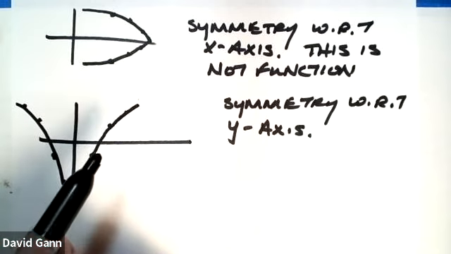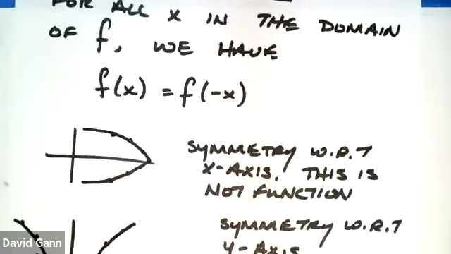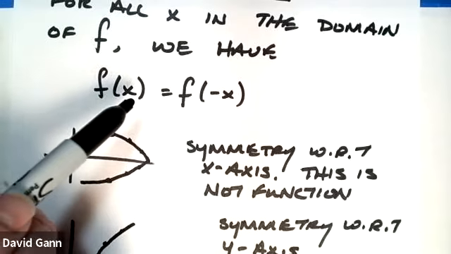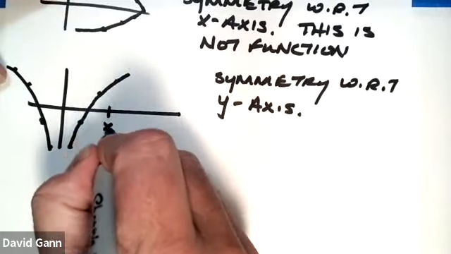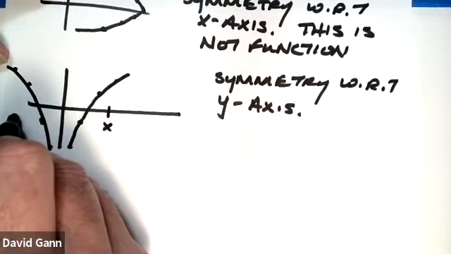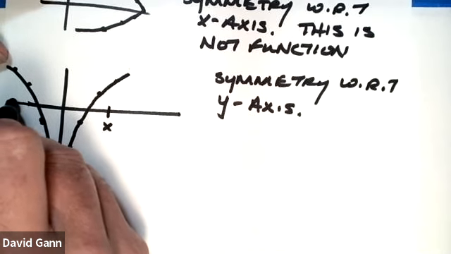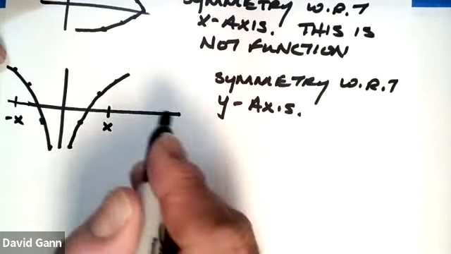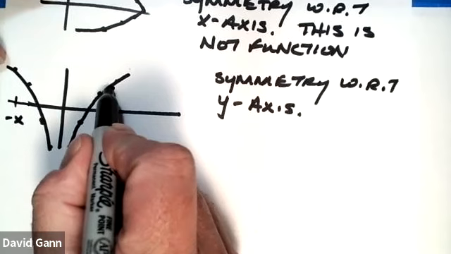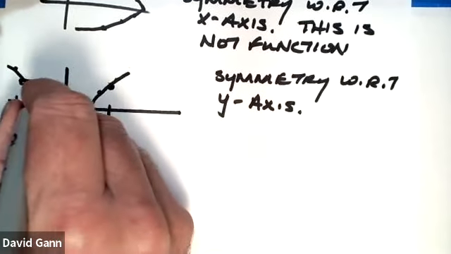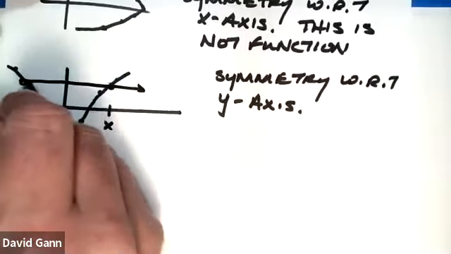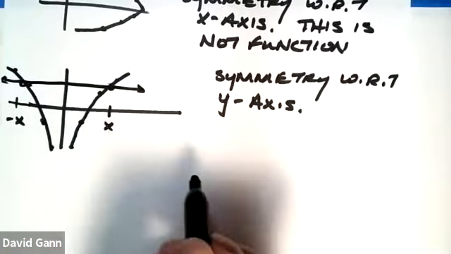But notice that this is exactly what we mean by an even function, okay? If you pick some value of x here, the corresponding value of negative x is over here. And notice they have the same value of y, right? And that happens everywhere.